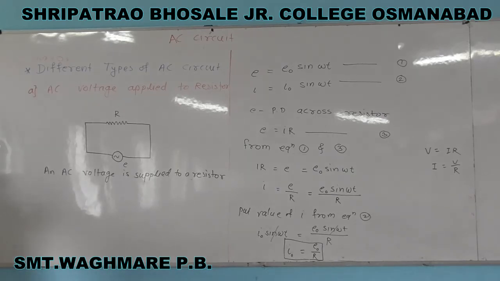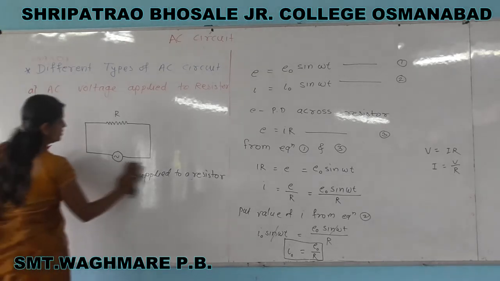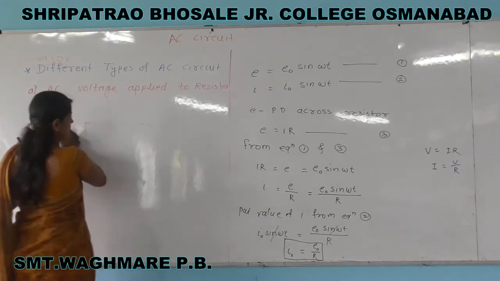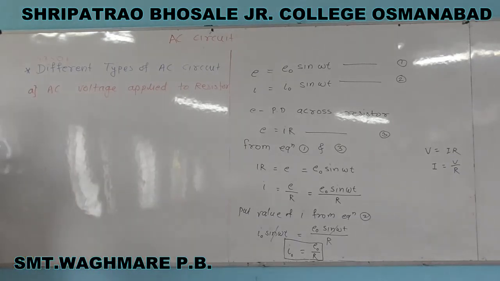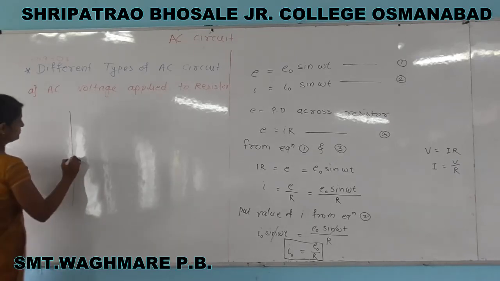Both E and I reach zero, minimum and maximum value at the same time. We can draw the diagram. Already we have drawn this diagram, that is the graph of E and I versus omega t. This diagram can be drawn as this type.